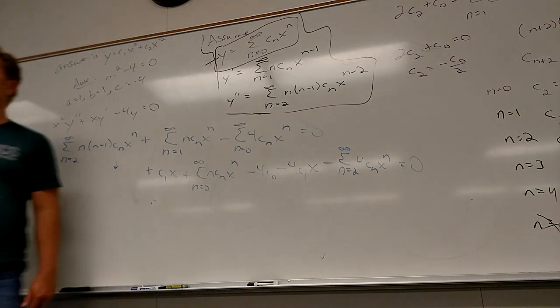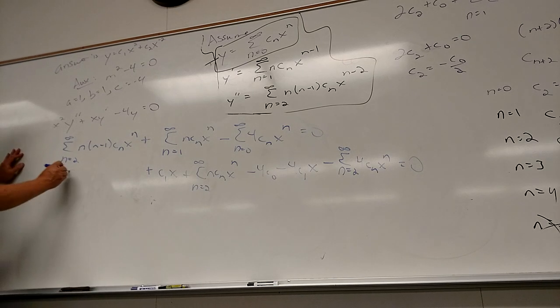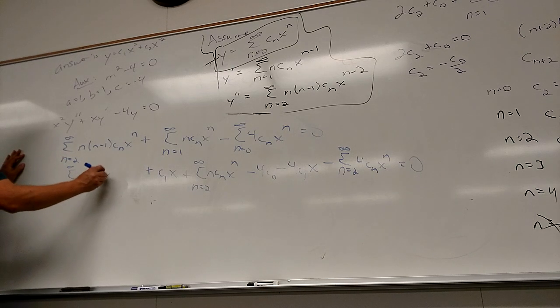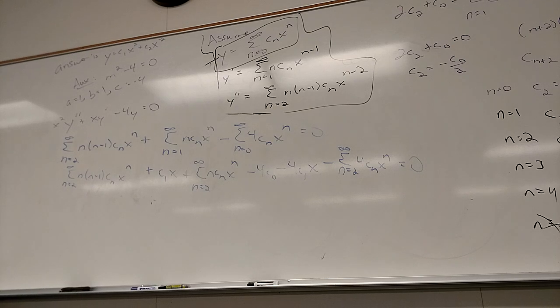Okay. Let me go ahead and rewrite this here. Let's collect stuff together. Let's get all the shucked stuff over here. Do I have like terms amongst the shucked stuff?